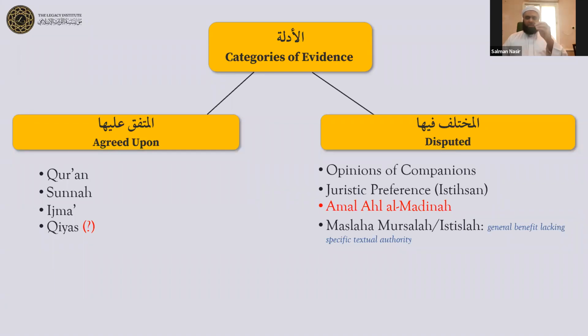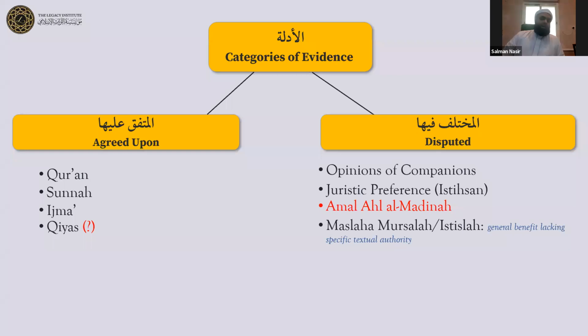In this condition, according to a group of the usuliyin, Qawl al-Sahabi is a hujjah. And the famous view of the Shafi'is is that it is not a hujjah. Again, it is not our purpose here to give decisive conclusions on these topics, but just to give you a perspective on these discussions, where they come from and how they came about.